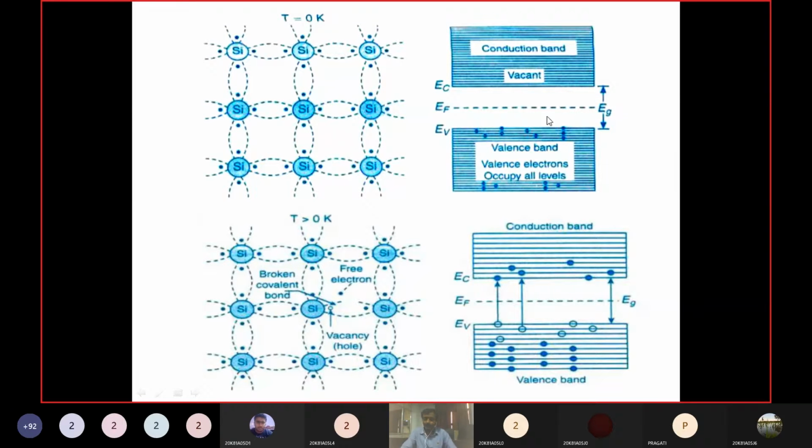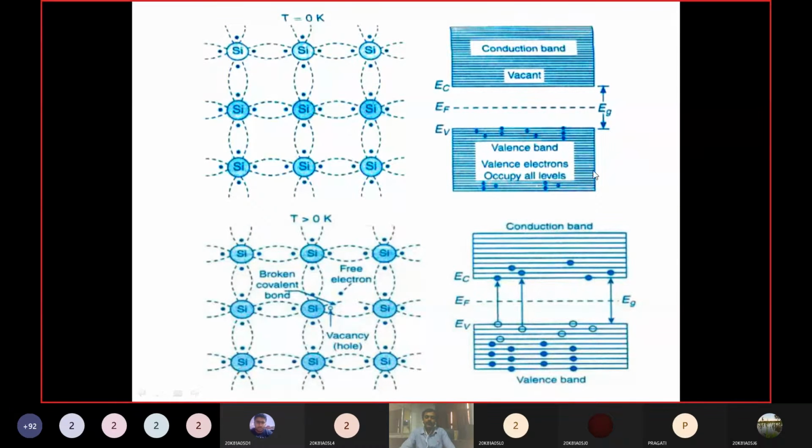So the band gap is very small in semiconductors. If you give a little amount of energy, even at room temperature, some valence electrons go to the conduction band, so conduction takes place in semiconductors.